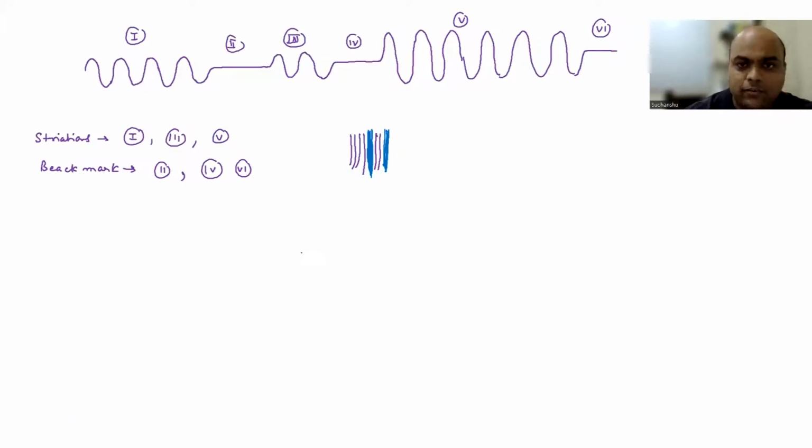Okay, and then again, this is 1, 2, then this small region is 3, then this 4, and then 5 is going to have more striations. 5, 6 striations. So this is region 5. And then a beachmark. Okay. So here the blue are beachmarks and the purple ones are striations.